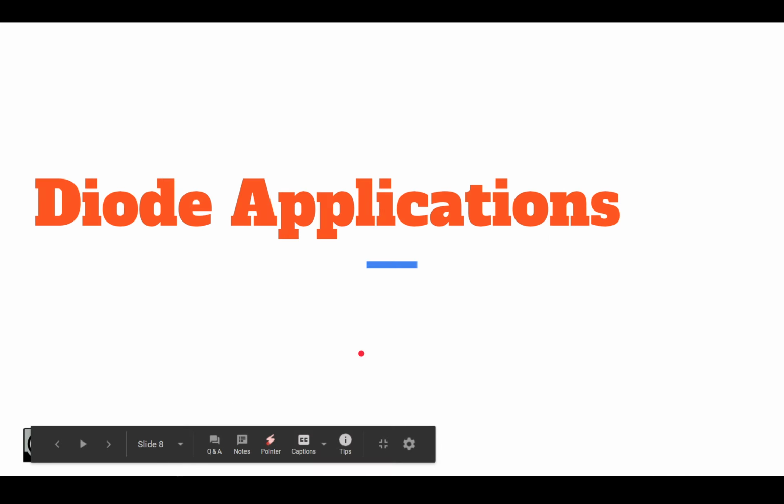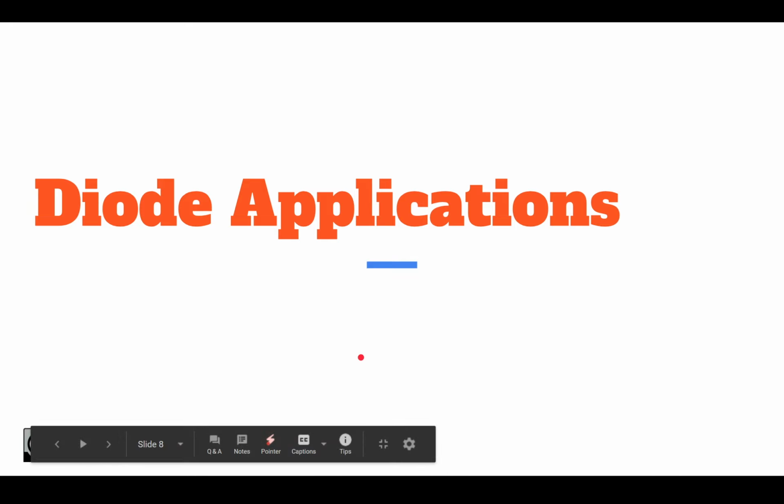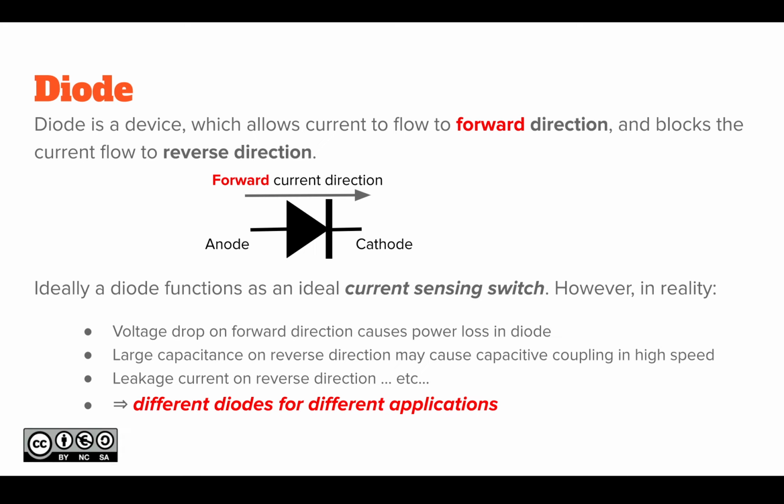And next, some applications. What kind of applications do we have for diodes? A diode is a device which allows current to flow in the forward direction and blocks the current flow in the reverse direction. So in that sense, it's a voltage driven switch.